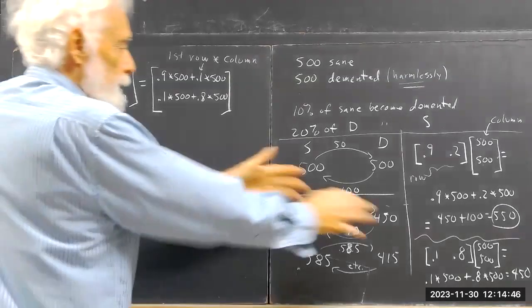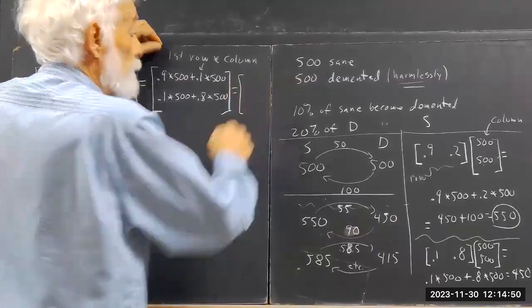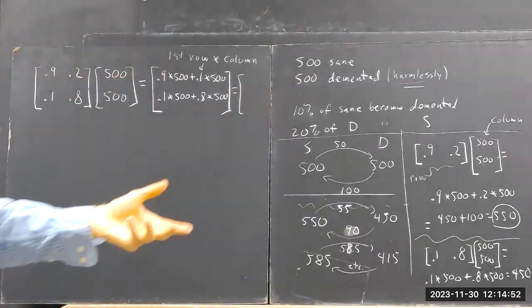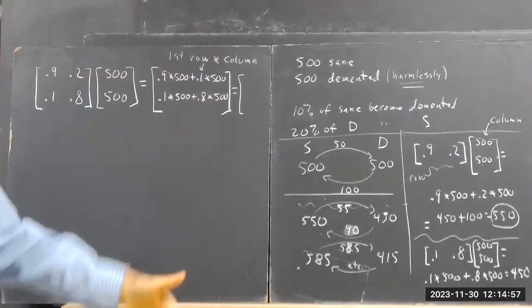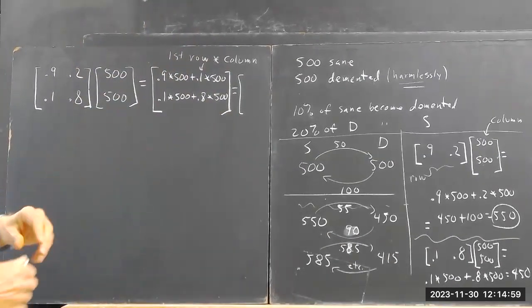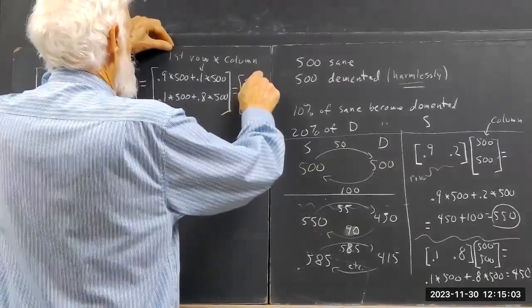Now, of course, I've already done these calculations, but you know, if I hadn't, they're very easy to do. You can use your calculator because you're going to need it. If you then keep multiplying by this matrix, the numbers are going to get more complicated. But we haven't done that just yet.